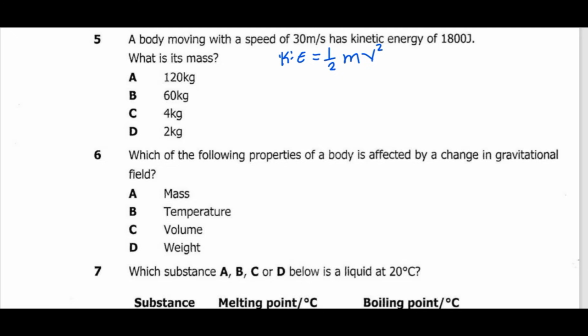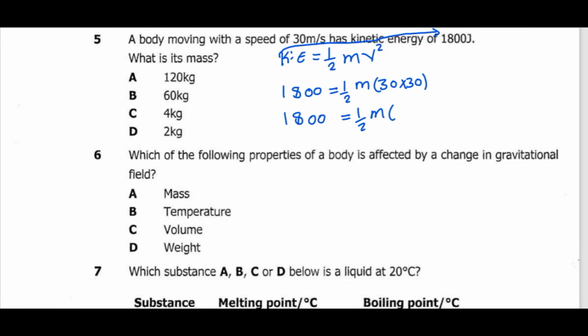So the kinetic energy is given, so we can now substitute. So 1800 joules is equal to half. Mass is what we are solving for. Velocity is 30 times 30, since we have a squared here.